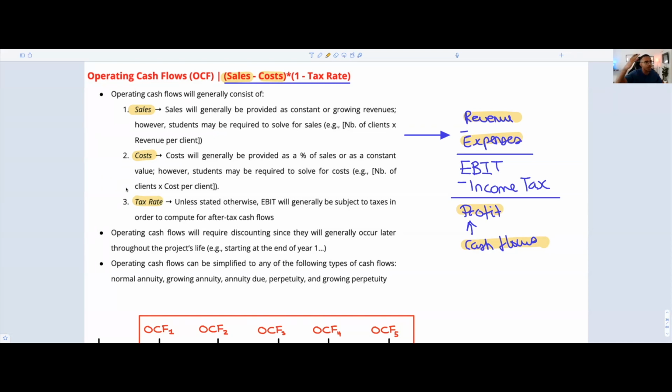So every single year, for example, you're going to receive 100K within this project, or it can be growing revenues, in which they would say, for example, you're receiving 100K at the end of year 1, but then that number will grow by 5% every single year, such that at year 2, we don't have 100K anymore. You have $105,000, all right? That's very important to remember. So it can be either constant or growing.